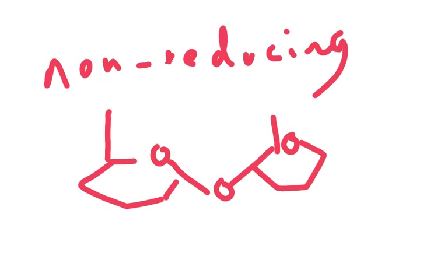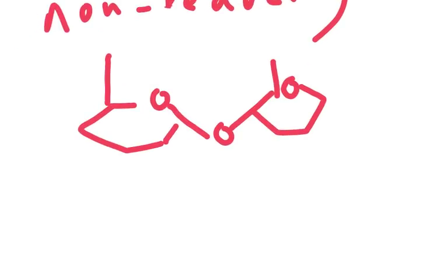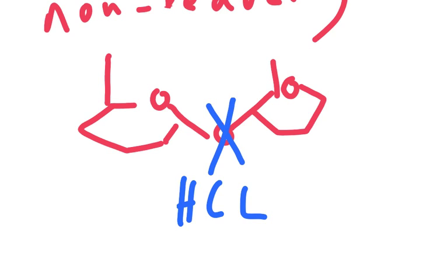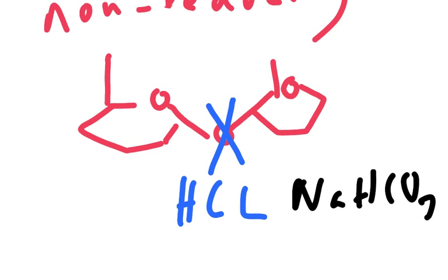So you take a fresh sample and you boil it with hydrochloric acid. Boiling it with hydrochloric acid will break this glycosidic bond. When you break the glycosidic bond, you're then turning these two into reducing sugars. So you then have to neutralise the hydrochloric acid, and you do that by adding sodium hydrogen carbonate and testing with a piece of universal indicator paper to make sure it has been neutralised.